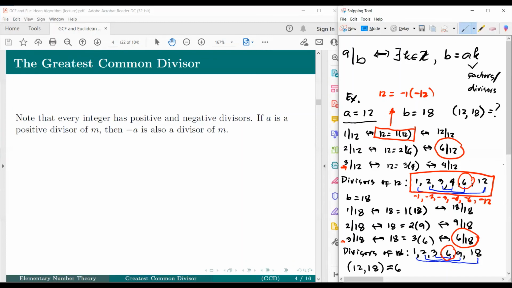But we are looking at the greatest common divisor of a number. Hence, we will just consider positive numbers in that case, okay?